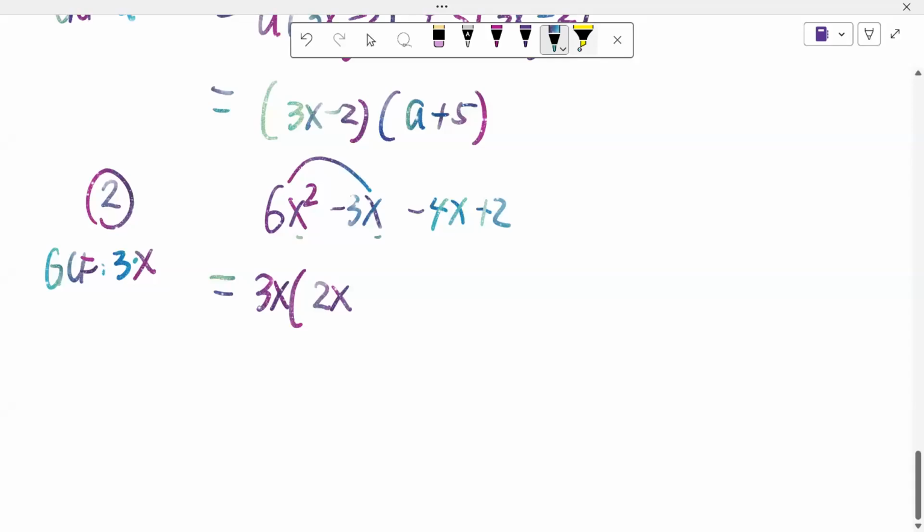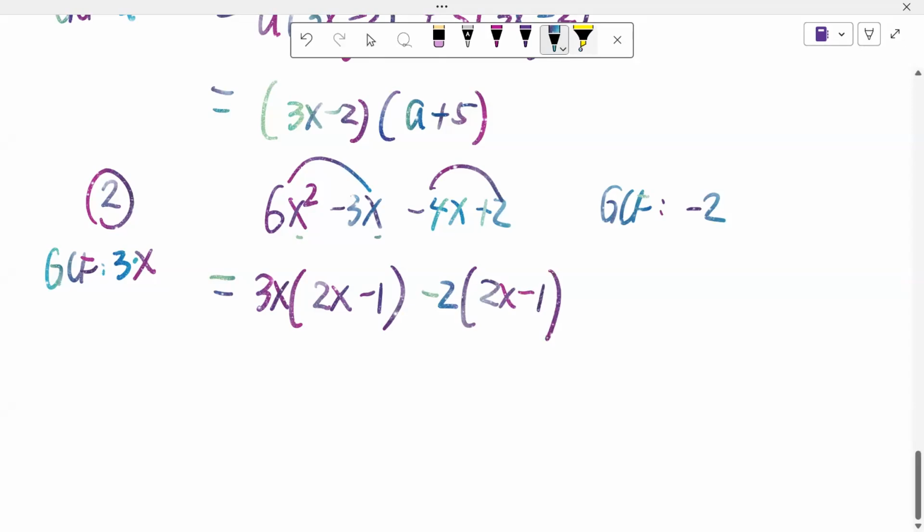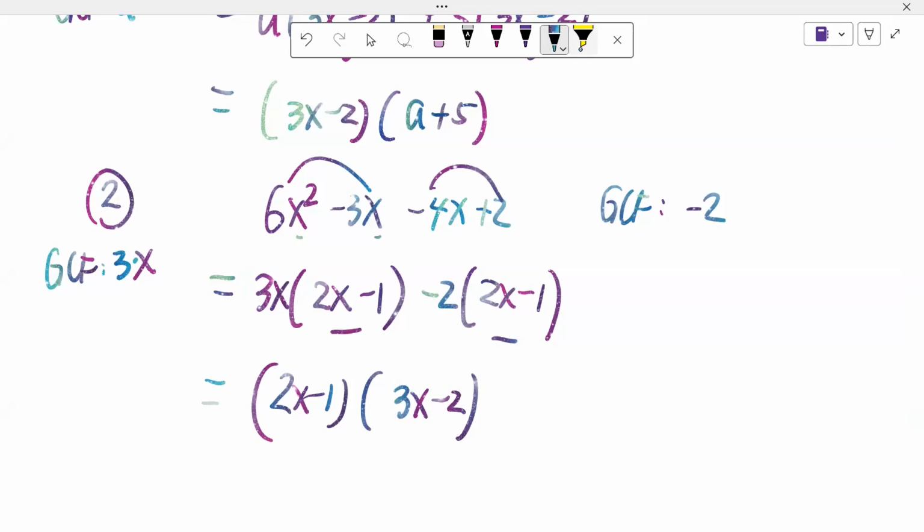And 3x over 3x is minus 1. Other 2 GCF is just going to be negative 2. So we're going to factor out the negative 2. And negative 4x over negative 2 gives us 2x. The 2 over negative 2 is negative 1. Now we have another GCF. This is factor by GCF 2x minus 1 and 3x minus 2. Any question about this?